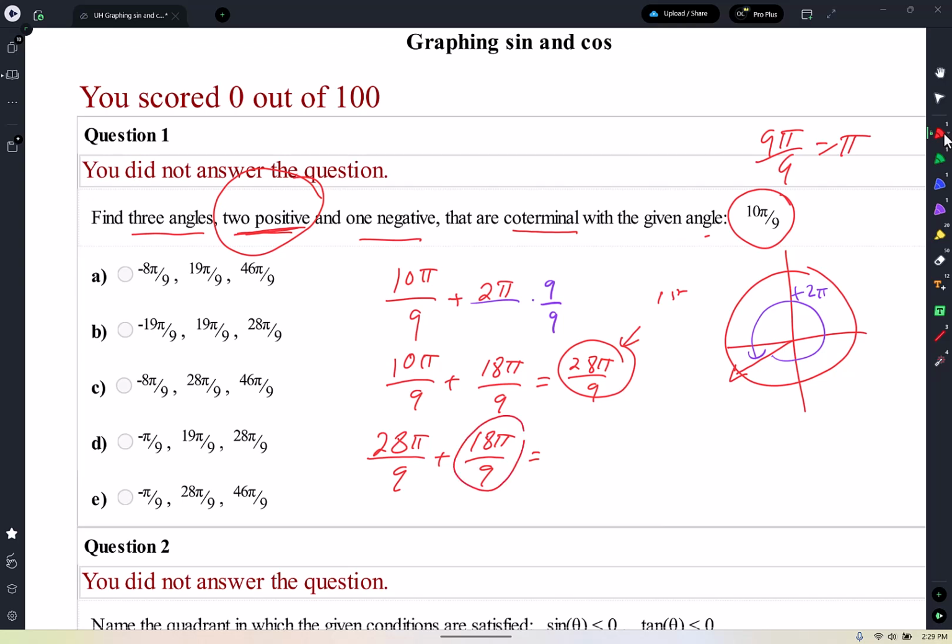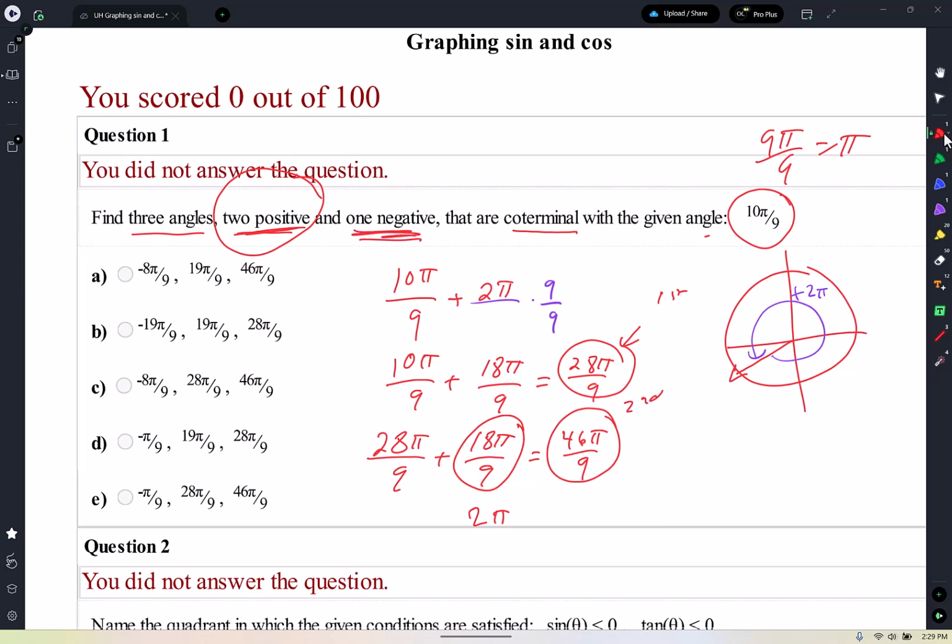Because 18 pi divided by 9 is 2 pi. So every time I do a revolution, I'm still in the same location. You know what I mean? So 28 plus 18 is 46. So 46 pi over 9. Cool or not cool? So we got our first and second, and it says one negative.